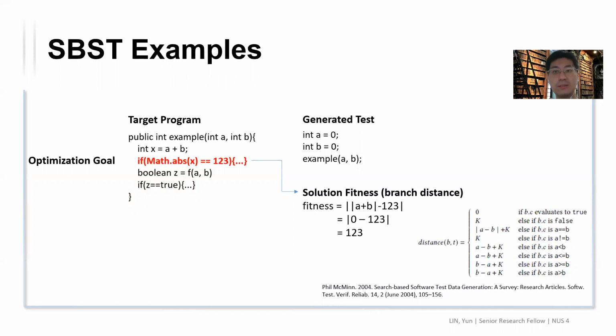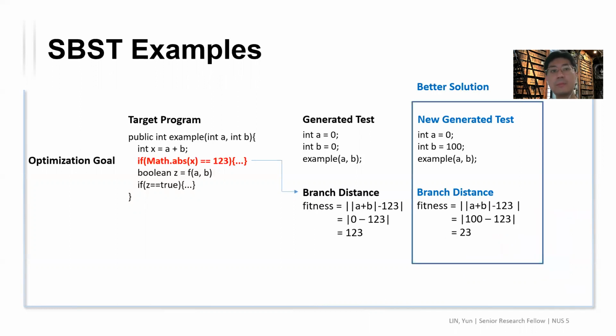Thus, the branch distance is calculated as the absolute value of the difference of 0 and 123, that is 123. The less the branch distance, the closer a test is to cover the target branch. More details of the branch distance can be found in this paper. Based on the branch distance, we can see that a better solution can be a equals 0 and b equals 100.